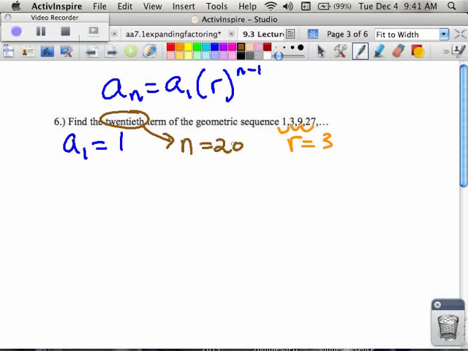I put it all together, and I write down that a sub 20 will be equal to 1 times 3 to the 20 minus 1, or in other words, 3 to the 19th.